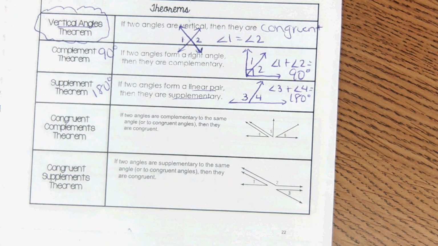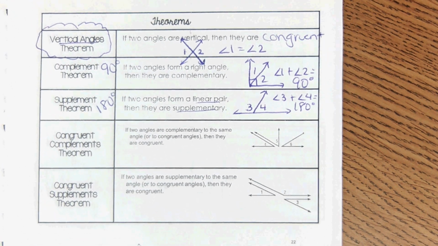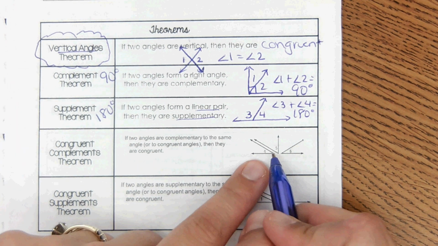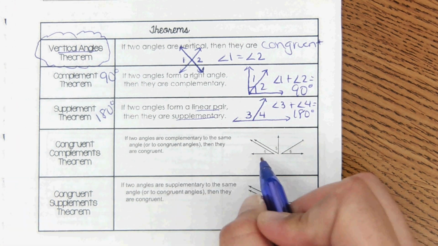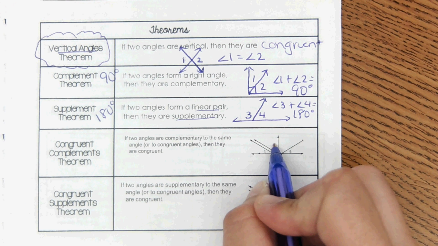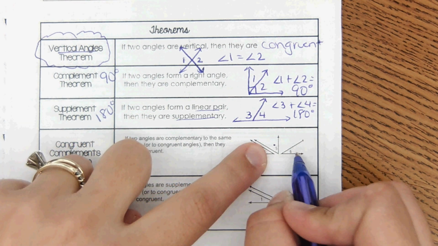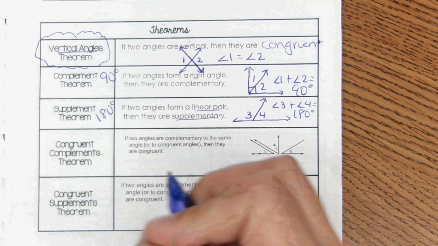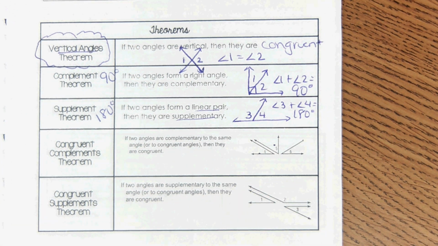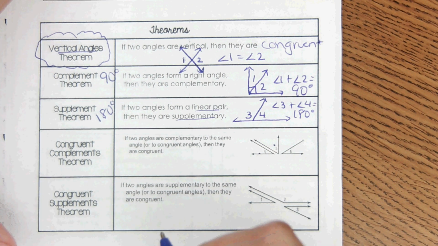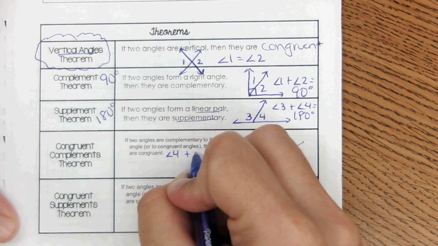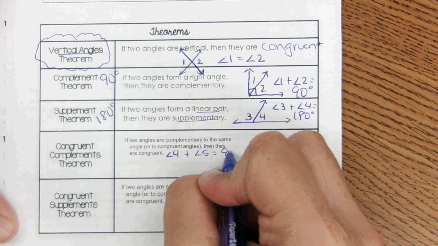Okay, then these two right here are new, congruent complements theorem. What it means is if 1 and 5 are complementary, and then 5 and 6 are complementary, then you can say that 1 equals 6. So the way I would write this out would be, okay, angle 4 plus angle 5 equals 90 degrees.